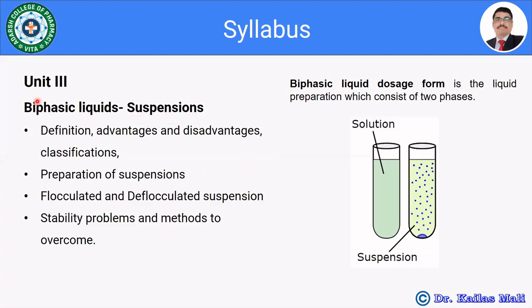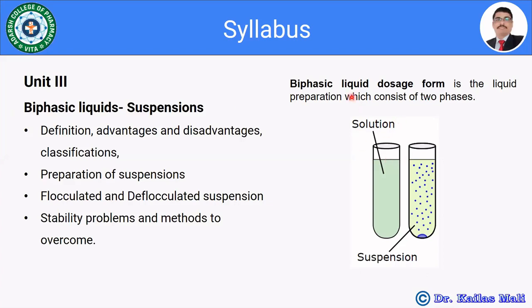But before that, you should know what is meant by the biphasic liquid. The name itself suggests that it comprises two phases. As in the case of suspension, the solids are dispersed into the liquid. In such cases, it is said to be the suspension. If the solids are in a dissolved state in a given solvent, then it is said to be the solution.